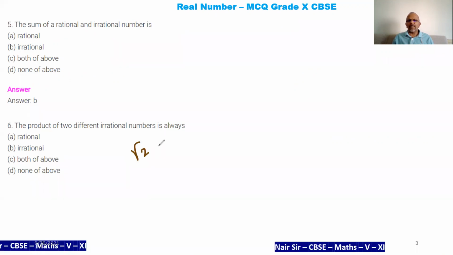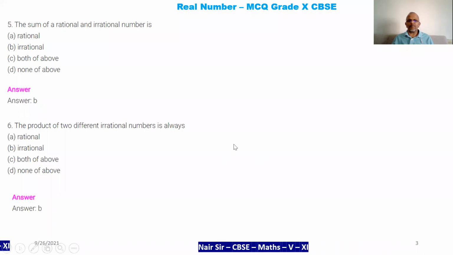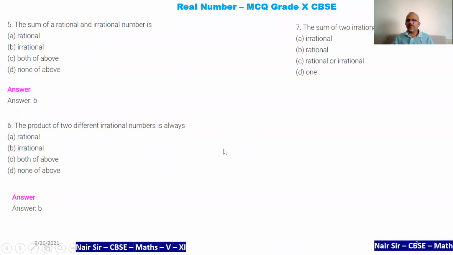Root 2 into root 3 is root 6, or root 5 into root 7 is root 35. So that remains an irrational number. Answer is B.